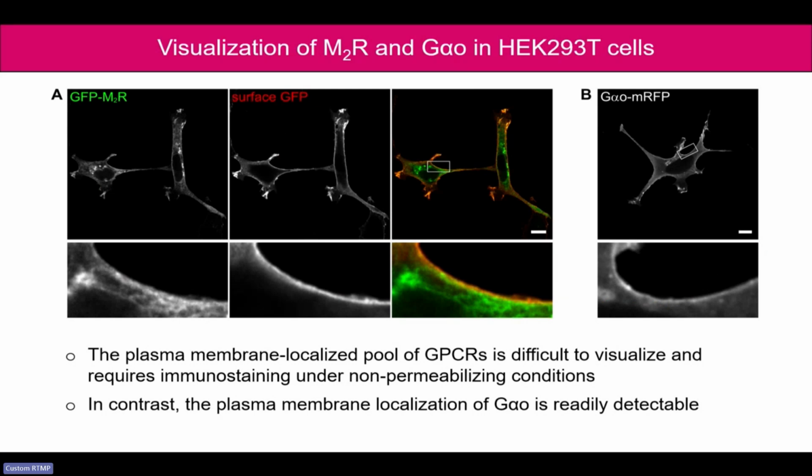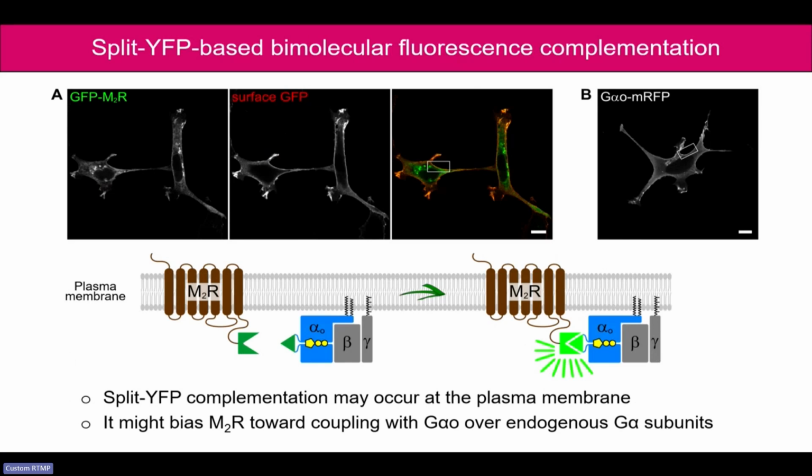Based on this, what we decided to do was to take a rather old technique called bimolecular fluorescence complementation, and we use it with YFP, the yellow fluorescent protein. In short, I will now call it split YFP. For the GPCR field, they are all familiar with this.